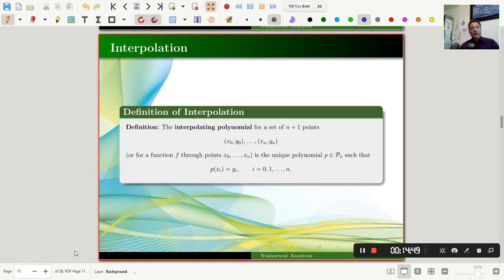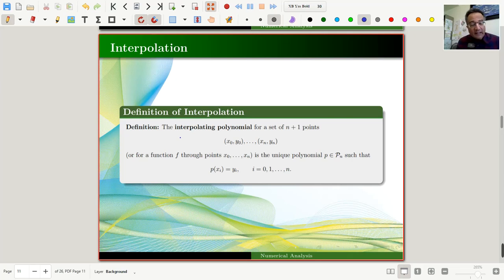Now, what's the mathematical definition of interpolation? We define the interpolating polynomial for the set of n plus 1 nodal points (x0, y0), ..., (xn, yn) as a unique polynomial p in Pn. When we say Pn, in fact, Pn is something like this.